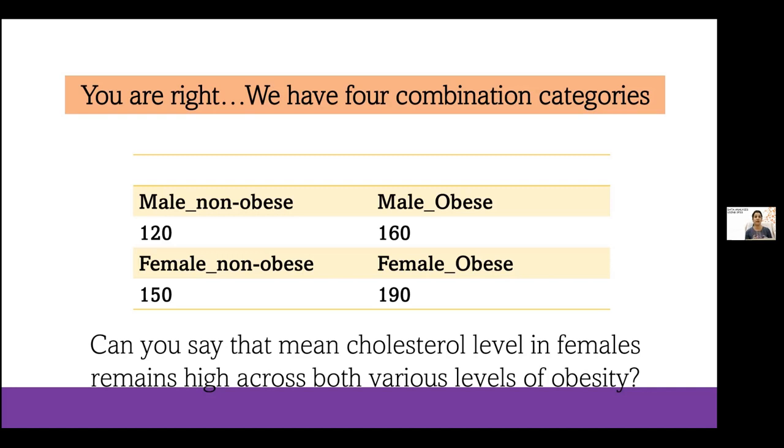So depending on the number of categories of the independent variables, you multiply the categories with each other and that many cells will be there. A 3 by 2 ANOVA will have 6 cells. A 4 by 4 ANOVA will have 16 cells. Cells means 16 combinations, where in every combination there will be a few individuals.